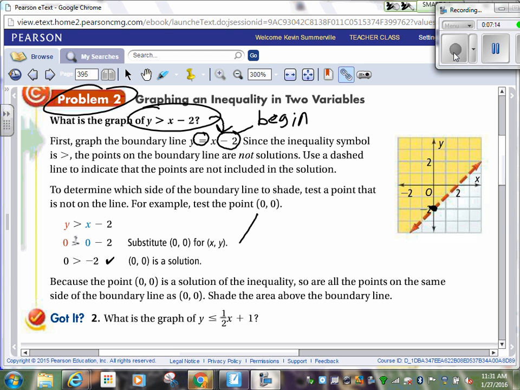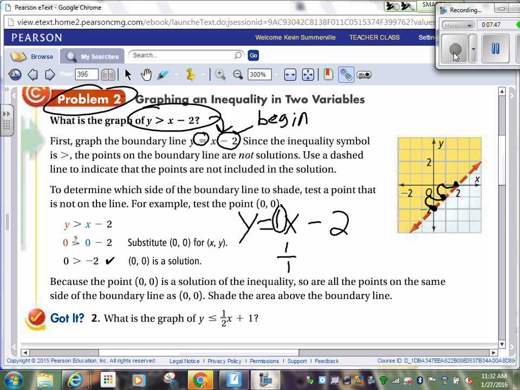My slope, let's write it right here, y equals x minus 2. Right here, there's an invisible what? A 1. So that's actually 1 over 1, which tells me I need to go up 1 over 1. Excellent. Up 1 over 1. I can do it again. Up 1 over 1. So now I have 3 dots, and I draw my line. But notice, what kind of line did they draw? A solid line or a dashed line?